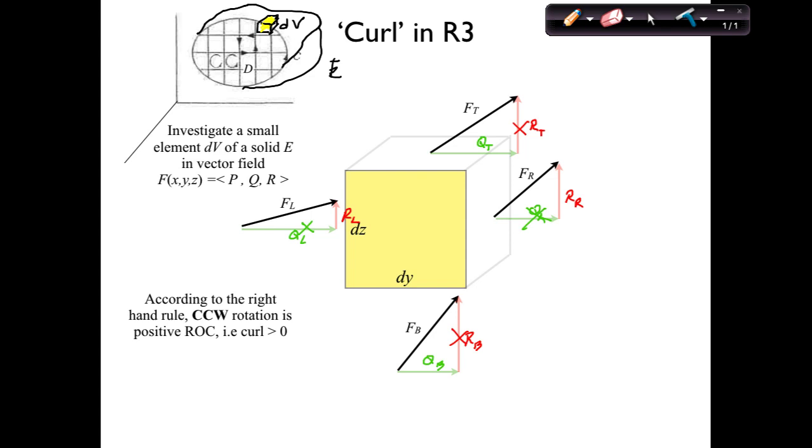Because a positive change in Q will turn it clockwise. So we want the opposite of the rate of change of Q with respect to Z. And then for a change in Y, we want the rate of change of R with respect to Y, and we want that to be positive or negative to get positive curl? Positive, right? Because a positive change in R is going to give us the counterclockwise rotation that we want.